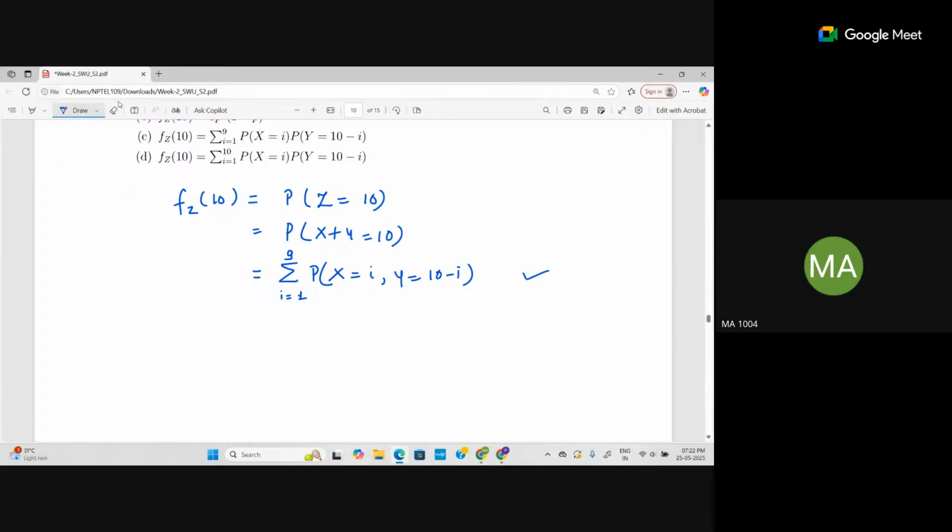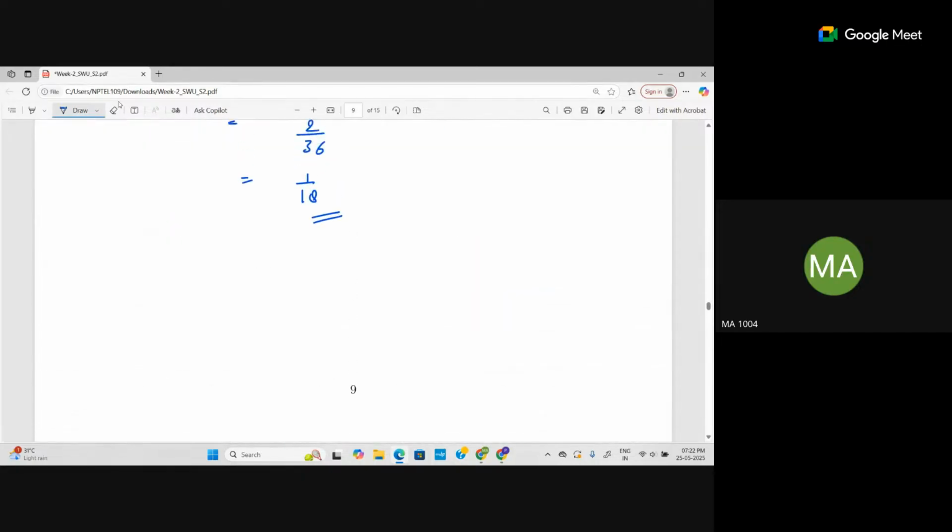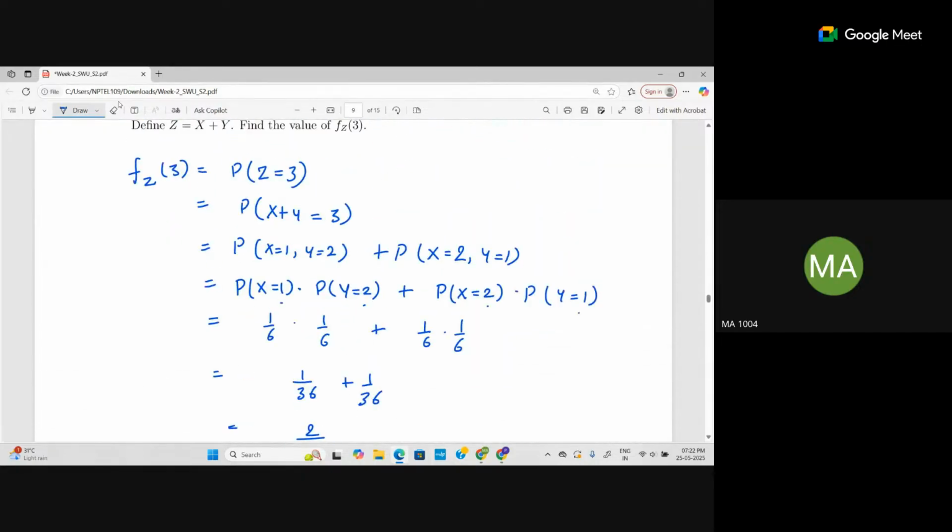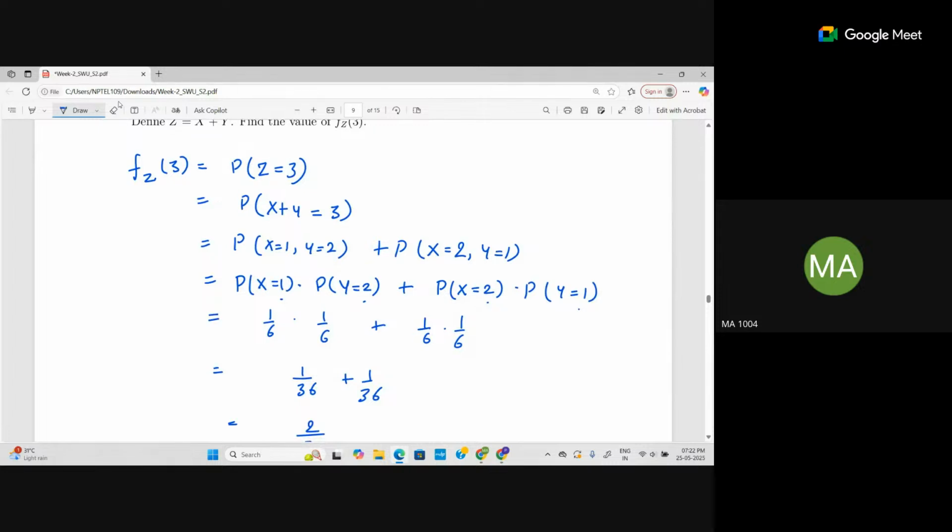This is nothing but the general formula. We just generalized the same thing. When x plus y was 3 earlier, we were adding the joint probabilities for the different cases where x plus y is equal to 3.